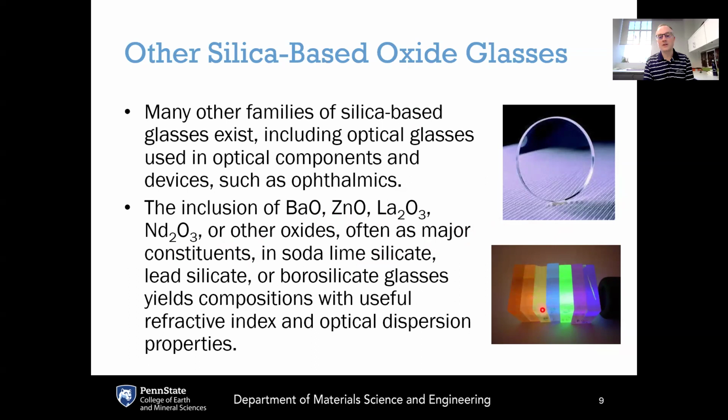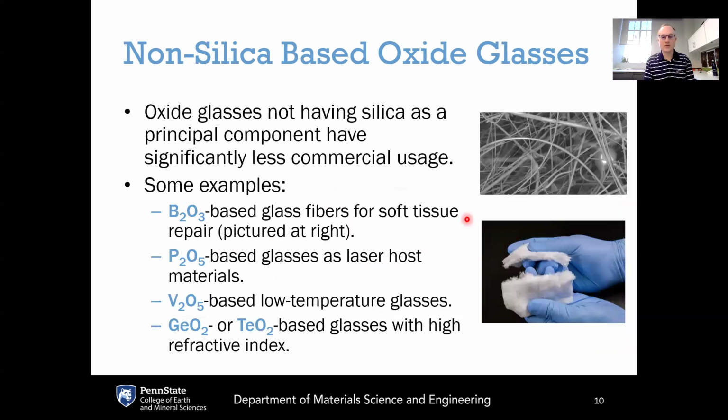This is an example of a fluorescent rainbow that one of my friends made here. And this, when you expose it to ultraviolet radiation, will fluoresce at different wavelengths in the visible. And so other types of silica-based glasses with other components can give these optical glasses.